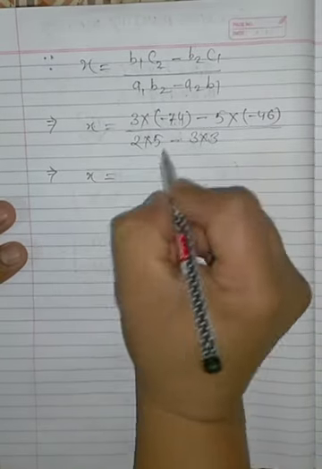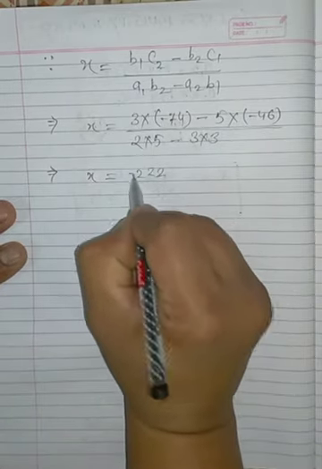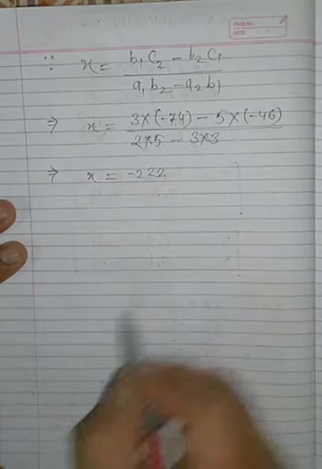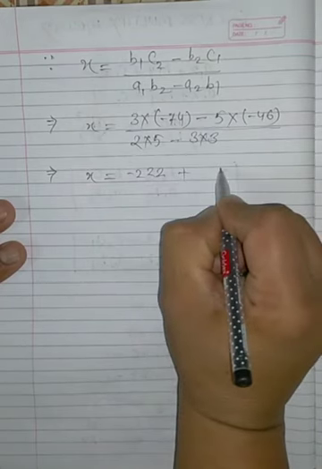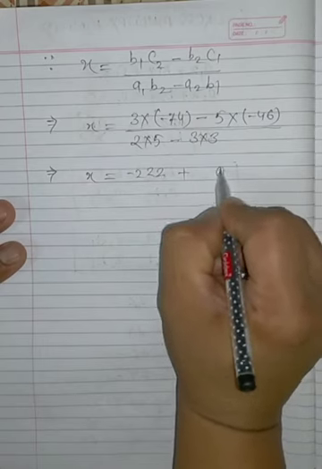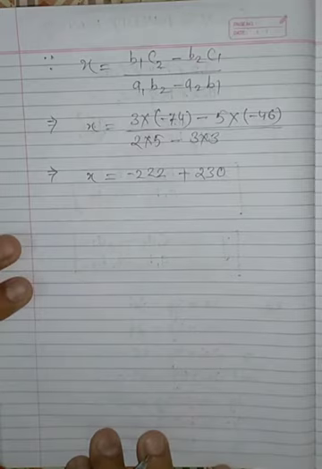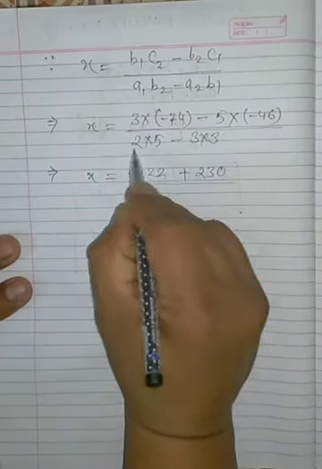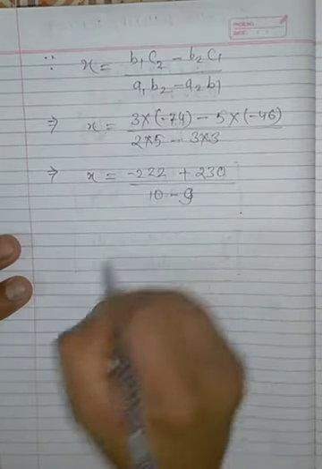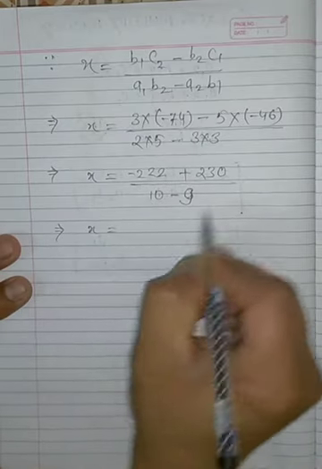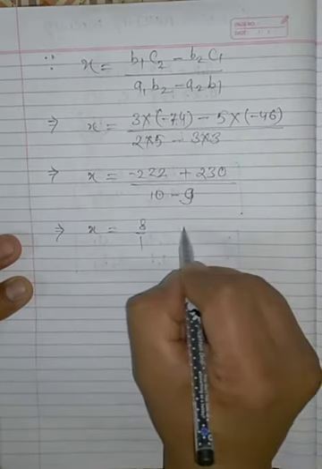So x is equal to, now minus 74 into 3, minus 222, and minus into minus becomes plus 46 into 5, this is 230, upon 2 into 5 is 10, minus 3 into 3 is 9. So x is equal to 230 minus 222 is equal to 8 upon 1, which is equal to 8.